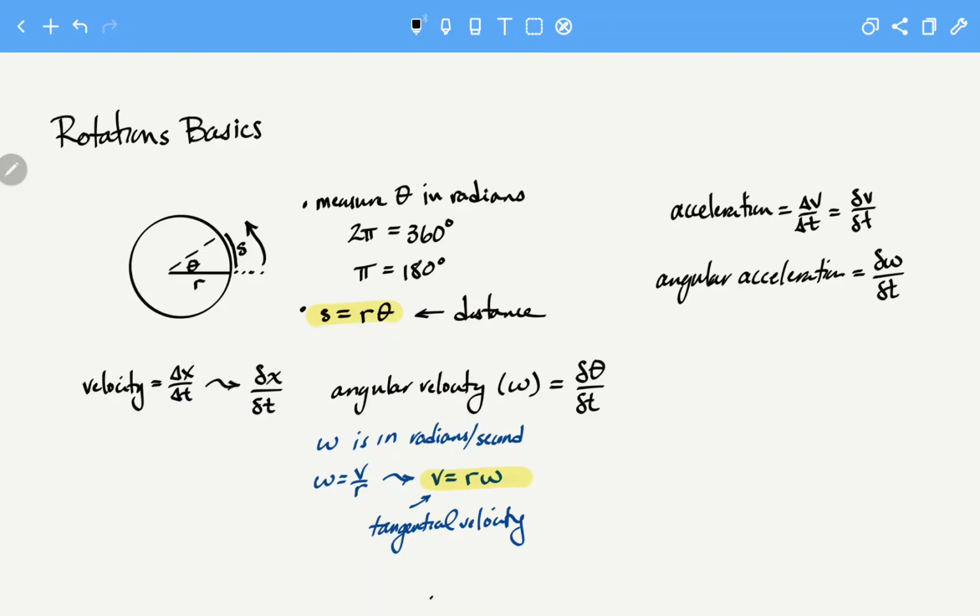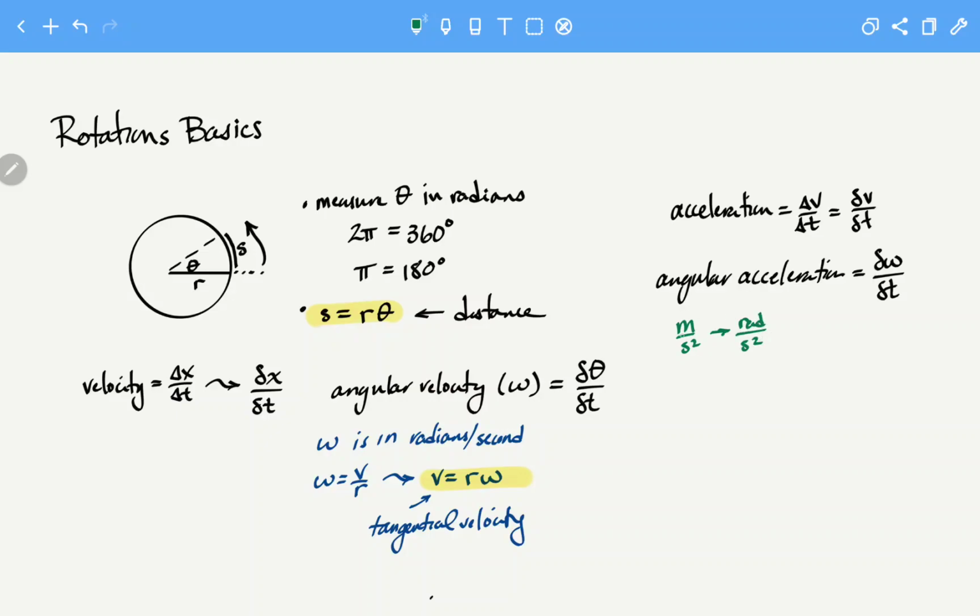So it's the rate of change of your angular velocity per unit time. And just like before, let's do a quick unit look here. Acceleration is meters per second squared, but angular acceleration is just radians per second squared.